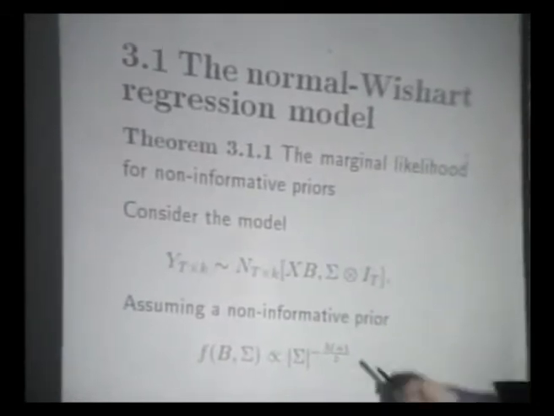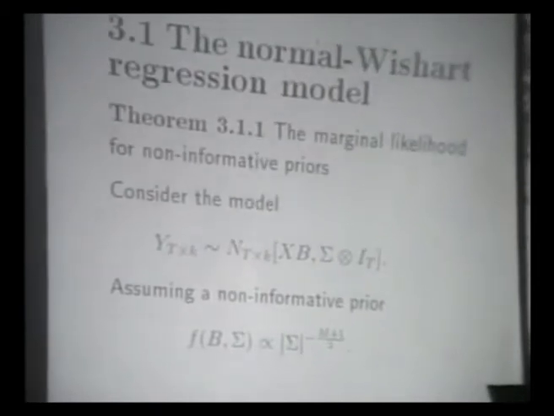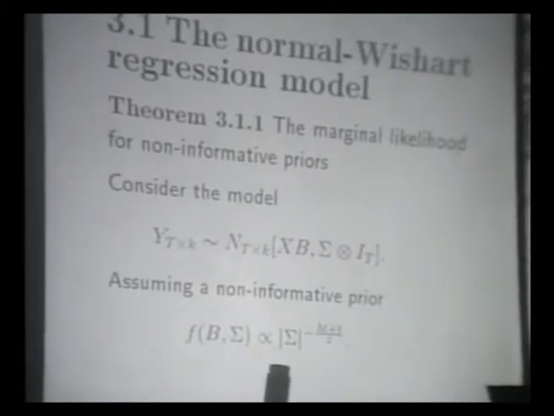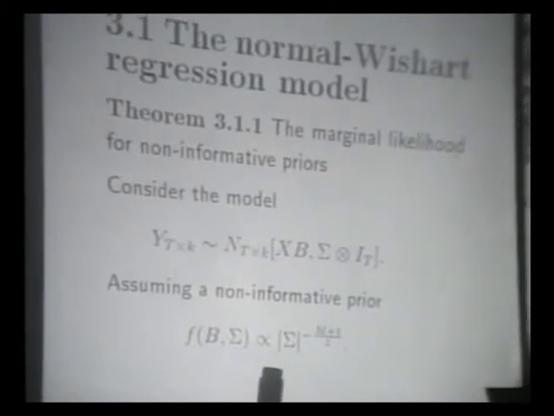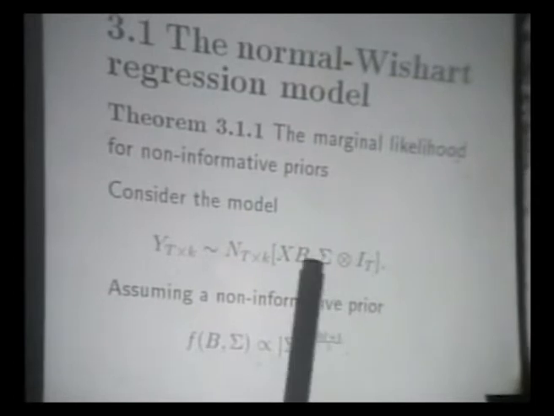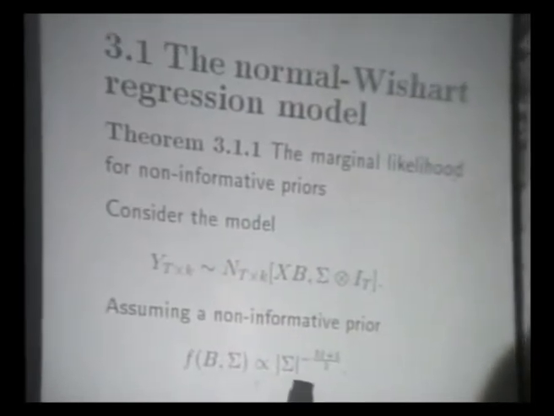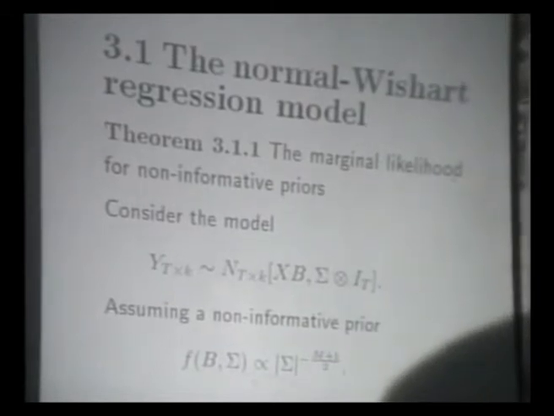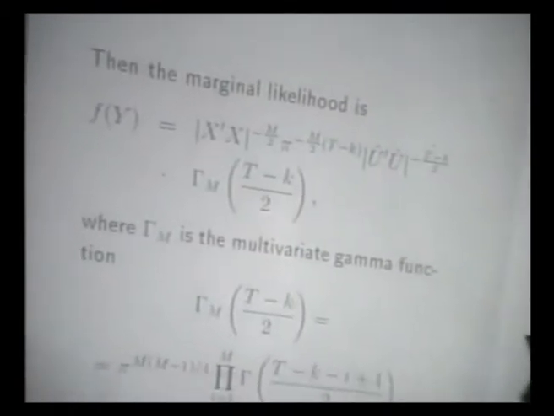And the non-informative prior for this type of normal Wishart distribution is the Jeffreys prior, which is proportional to the determinant of this matrix Sigma here, and in the exponent you see the dimension of the model. So again, we will be interested in testing, for instance, the multivariate order of such a process.